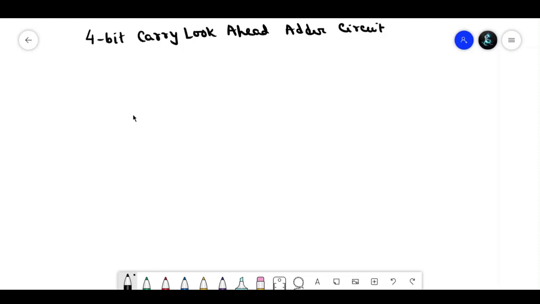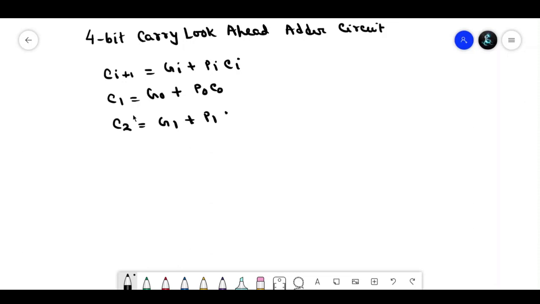So first we write the equation Ci plus 1 equal to Gi plus PiCi, and in place of Ci plus 1, if I put C1, it will be G0 plus P0 C0. Similarly, in case of C2, we will write G1 plus P1 C1. So what is C1? C1 is basically G0 plus P0 C0. So G1 plus P1 G0 plus P0 C0.